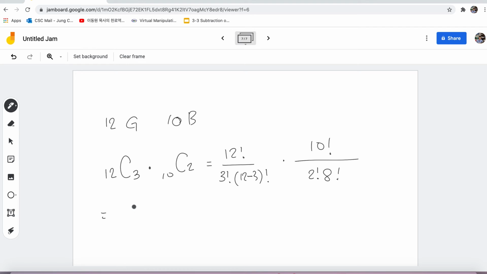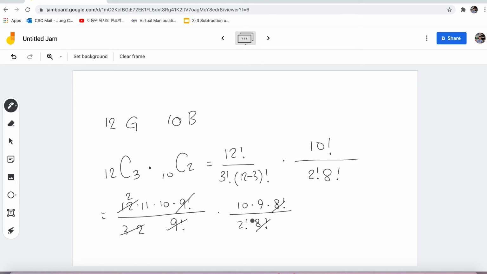If you want to calculate that easily, you can do 12 times 11 times 10 times 9 factorial, because we have 9 factorial down here, and you have 3 times 2. So you can simplify that. 3 times 2 is 6. 6 divides 12 with the 2, and you can do the same thing. 10 times 9 times 8 factorial, and I stop there because I have 8 factorial to cancel.